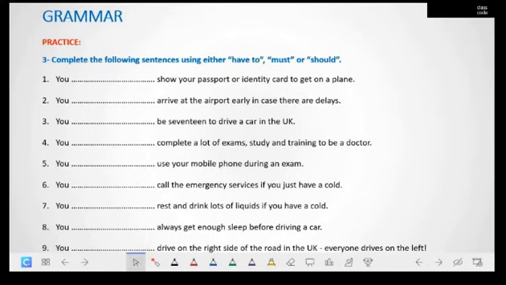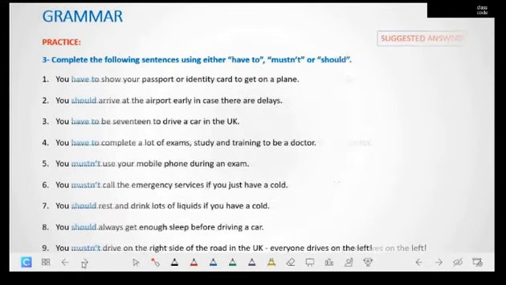All right. So complete the following sentences using either have to, must, or should. Let's have a look at the model answer. Number one, you have to show your passport or identity card to get on a plane. So we are using have to here because this is according to the law, according to the regulations, all right?